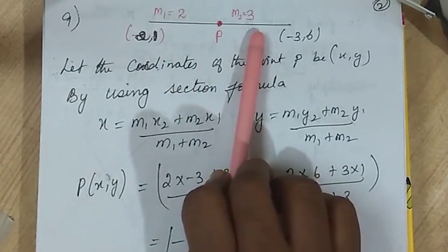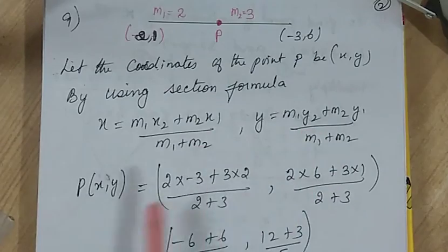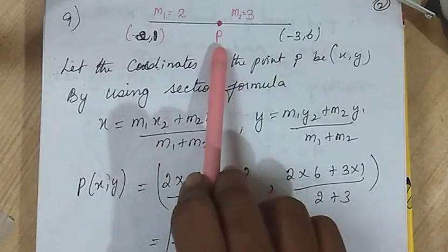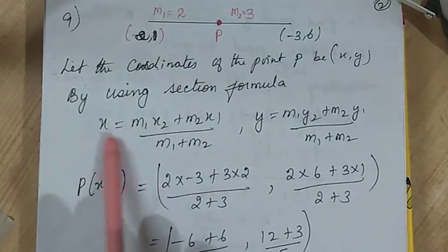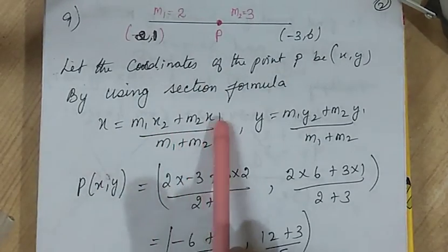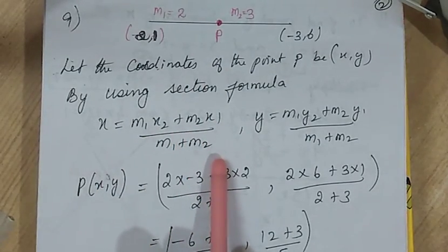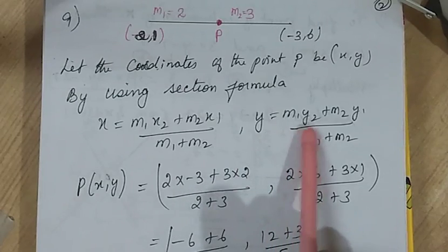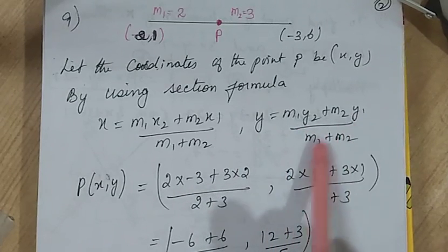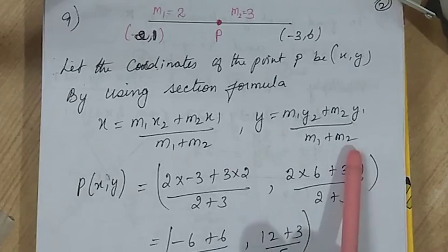So by using section formula, we can find the coordinates of P. x is equal to (m1 x2 plus m2 x1) upon (m1 plus m2), and y is equal to (m1 y2 plus m2 y1) upon (m1 plus m2).